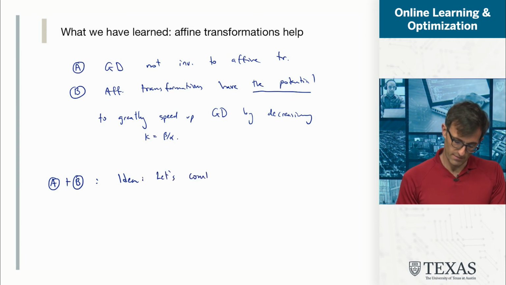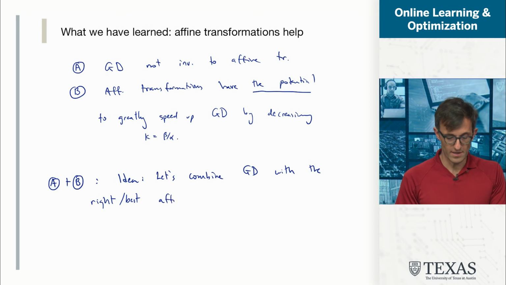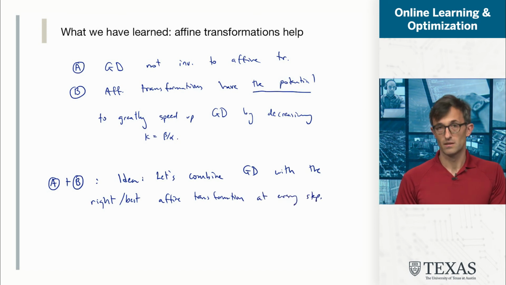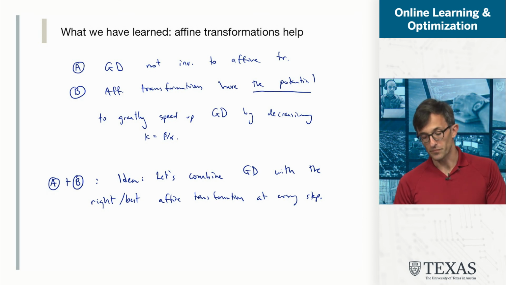Let's combine gradient descent with the right or the best affine transformation at every step. What is the right or best affine transformation? For a quadratic, we have the answer.